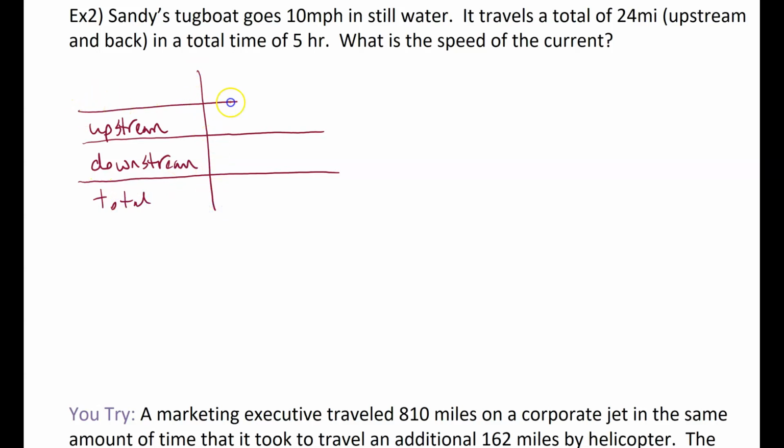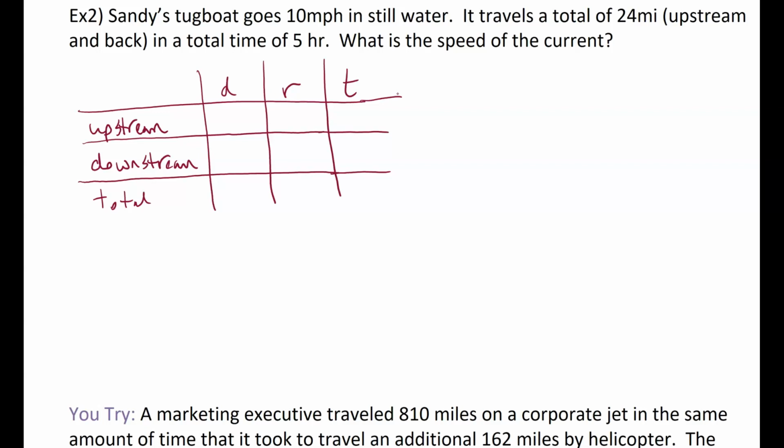It did give us a total, so I'm going to go ahead and put that in as well. And again, we are dealing with distance, rate, and time. Okay. So Sandy's tugboat goes 10 miles per hour in still water. Okay, so that means the rate of the boat itself.